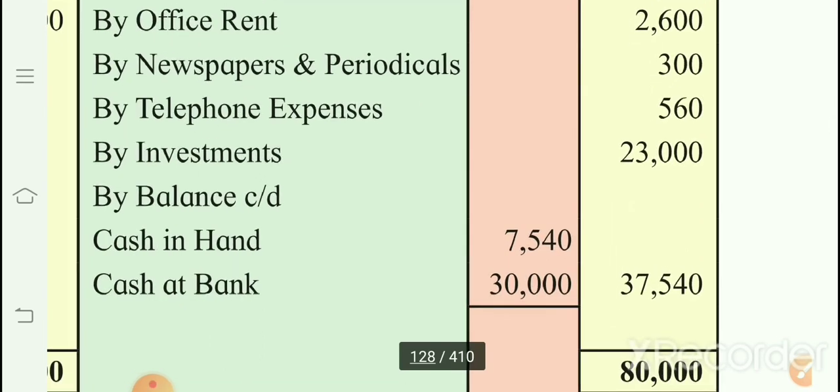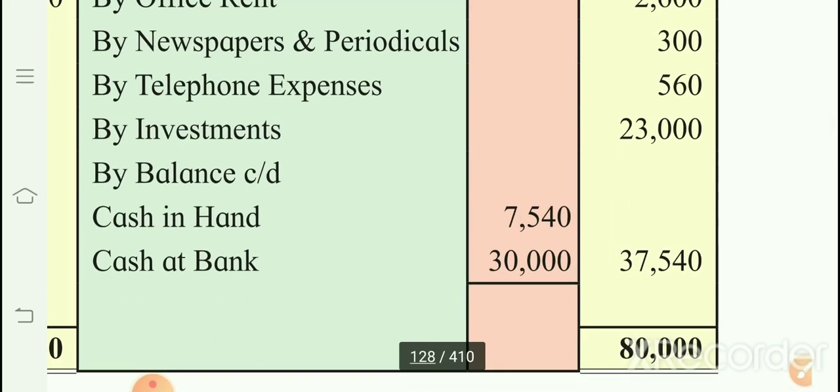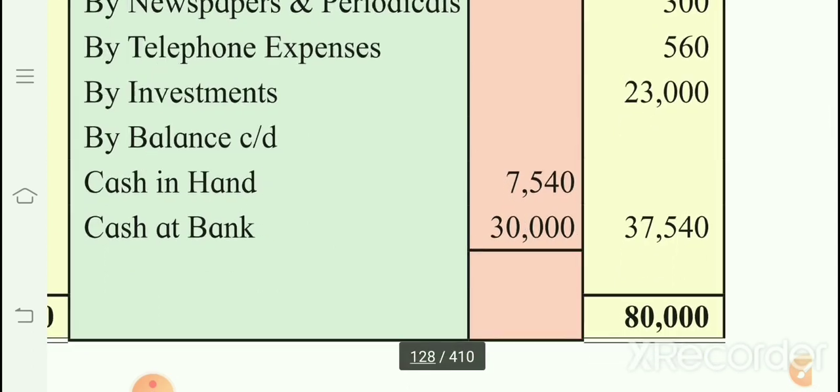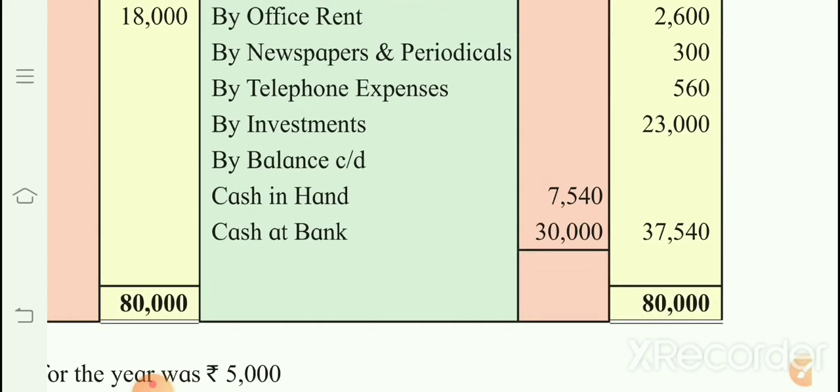Next is by investment. It's the asset for the business. It will be recorded on asset side by rupees 23,000. Next, by balance carried down. Closing balance is given to us. We will write these balances to asset side as it is. Cash in hand 7,540. Cash at bank 30,000. Will be written on asset side.